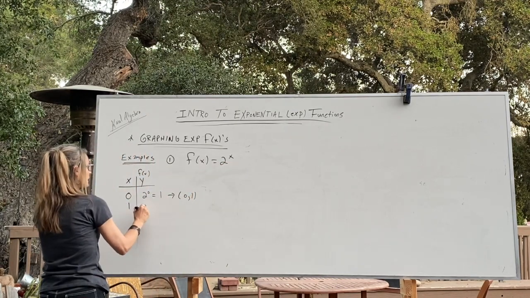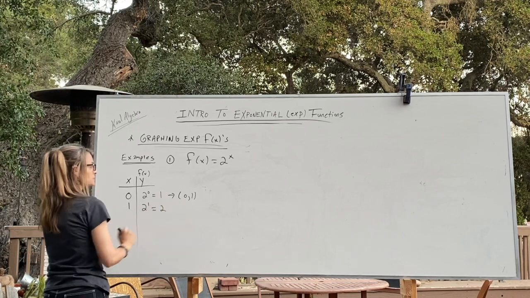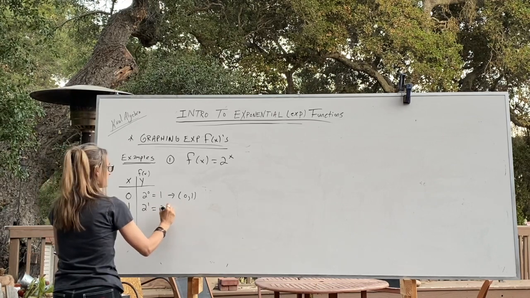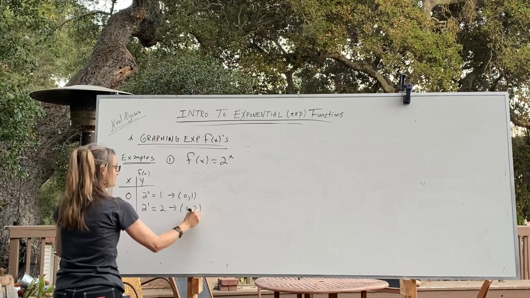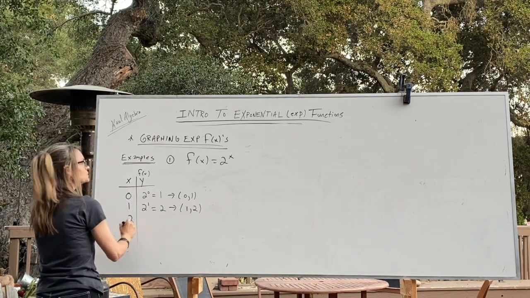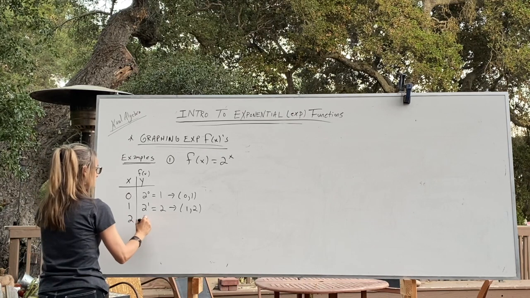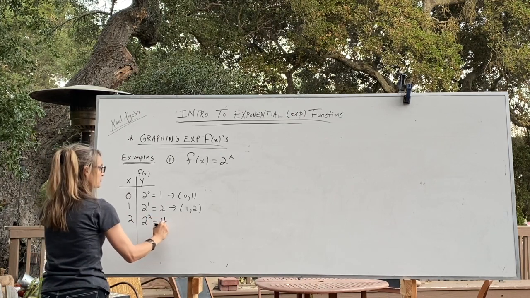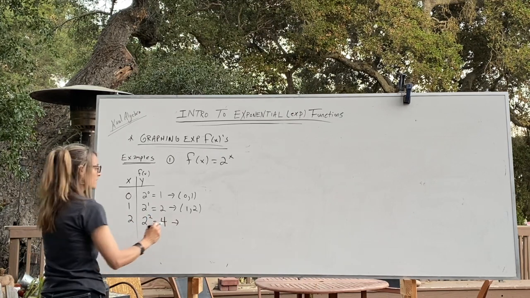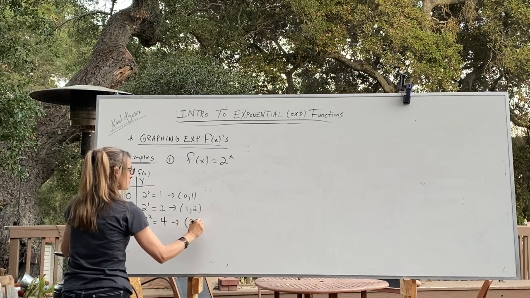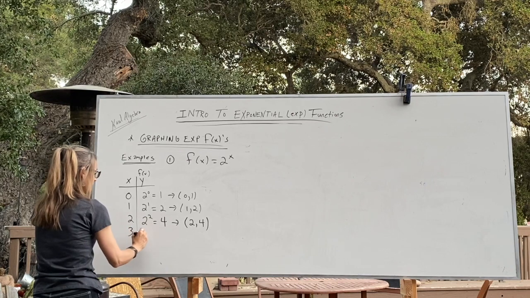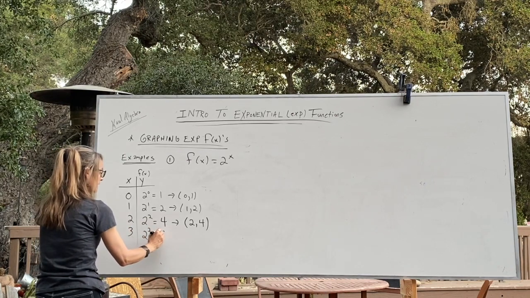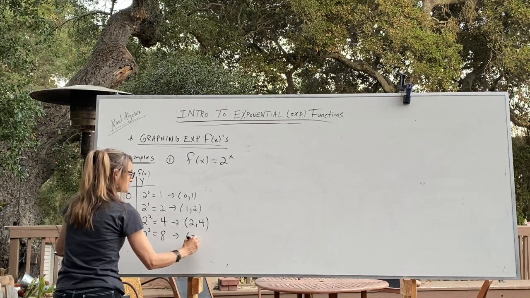If I have 1, I get 2 to the first power, which is equal to 2. And I get the ordered pair 1 comma 2. If I put 2 in the exponent, I get 2 squared, which is equal to 4. And I have the ordered pair 2 comma 4. If I put 3, I get 2 to the third power. I get 8. 3 comma 8.